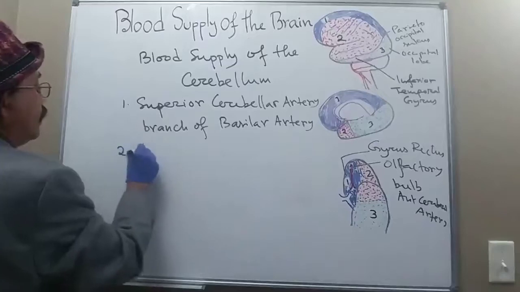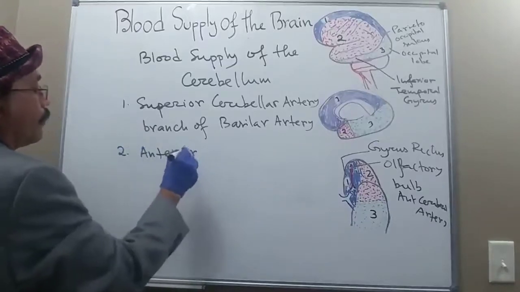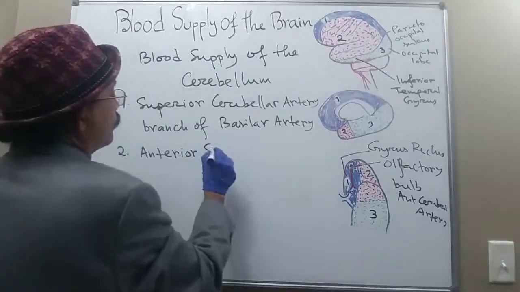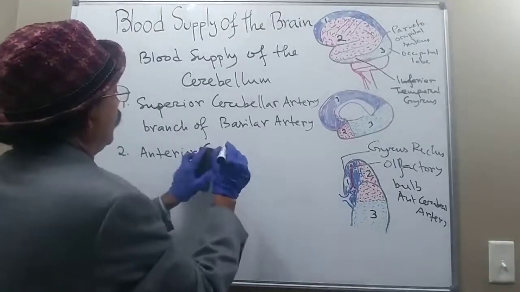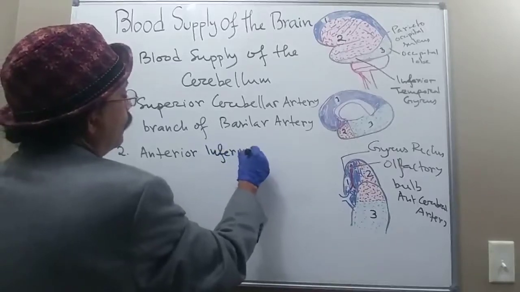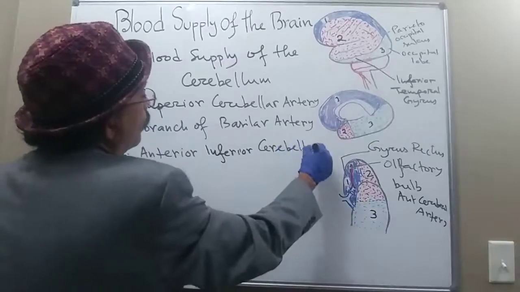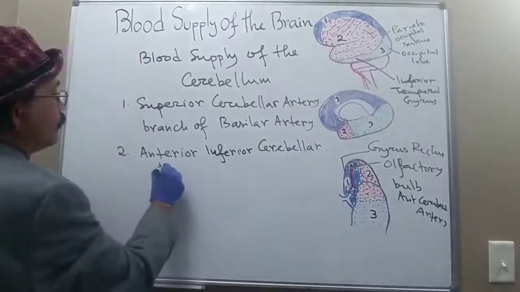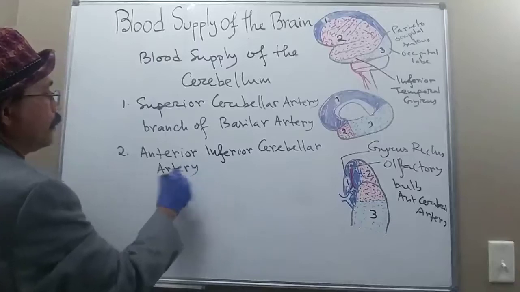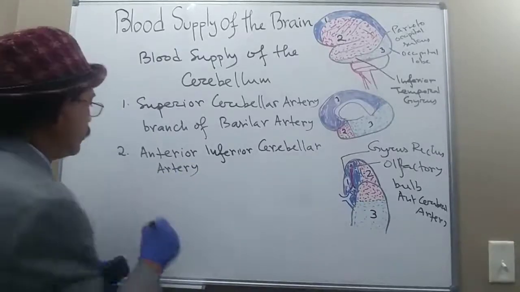We have the anterior inferior cerebellar artery, that is a branch of the basilar artery.